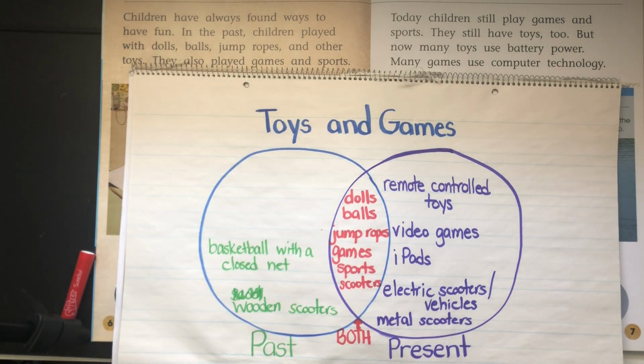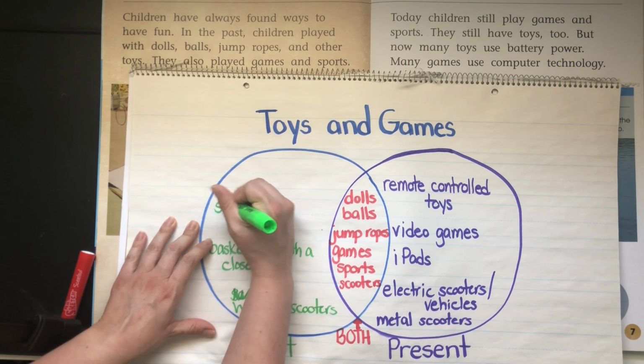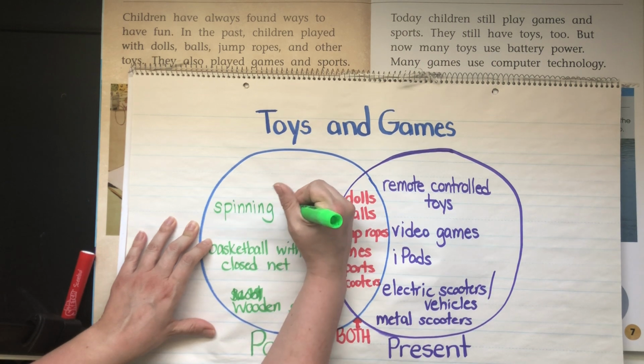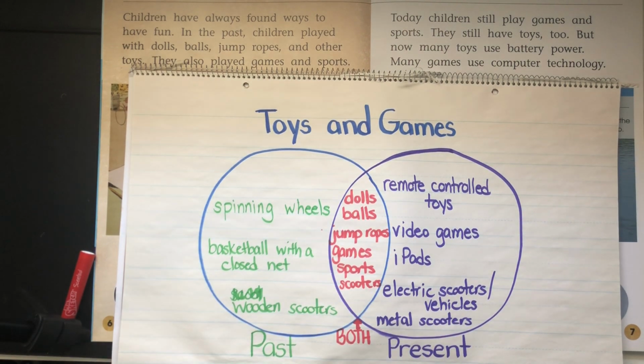I don't know the official name, but I'm going to call it spinning wheels. That was a toy that they played with that I don't see any children playing with now. Kind of similar, like you have hula hoops that you can do things with, but they use these spinning wheels to play, which was different from what you did.